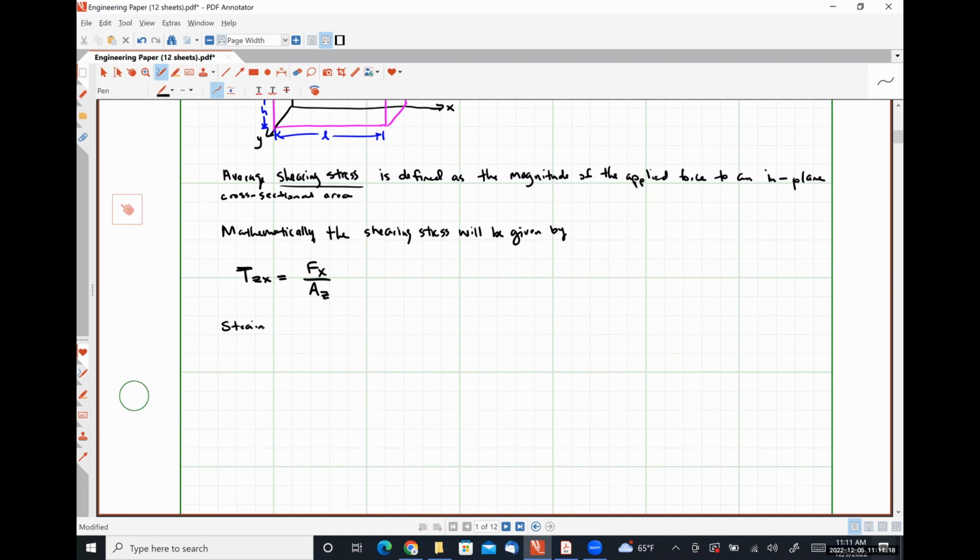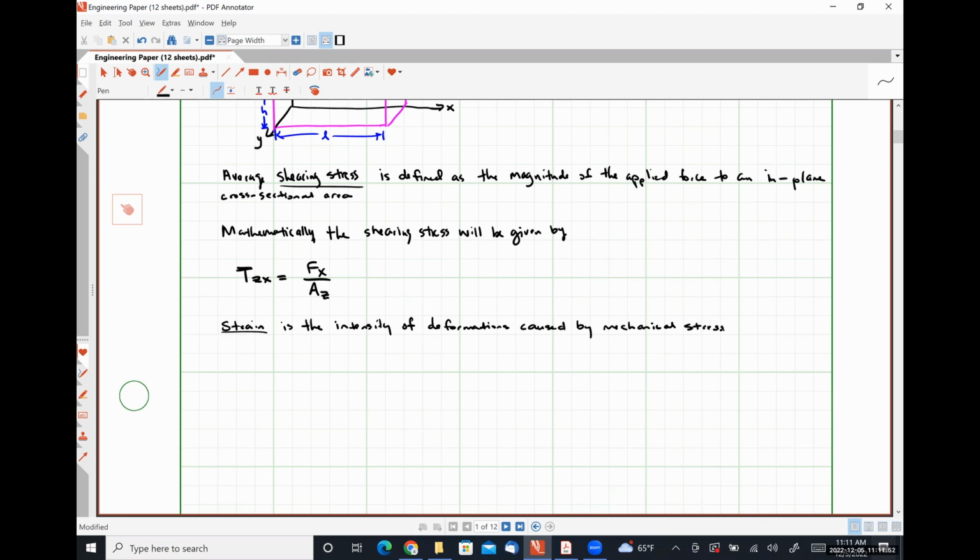So strain will be defined. Strain is the intensity of deformations caused by mechanical stress.